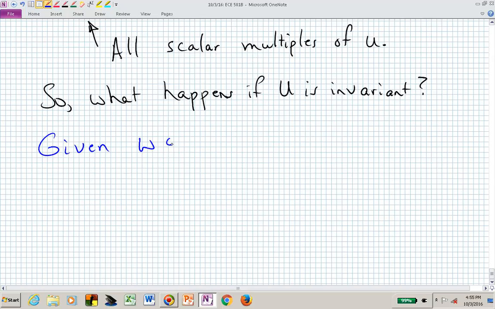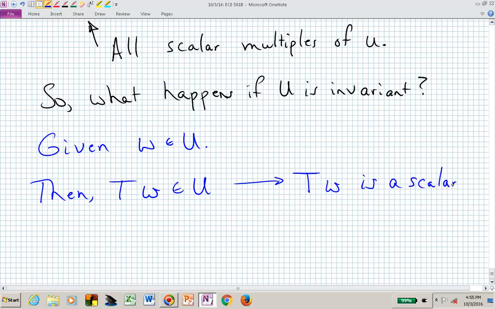Suppose we take a vector w that's in U. And again, we're saying that U is invariant relative to this map T. If I now take Tw, where does that live? That still is an element of U if U is an invariant subspace. Or that says that Tw is in fact a scalar multiple of our original vector w.